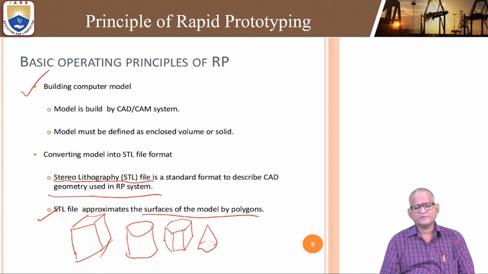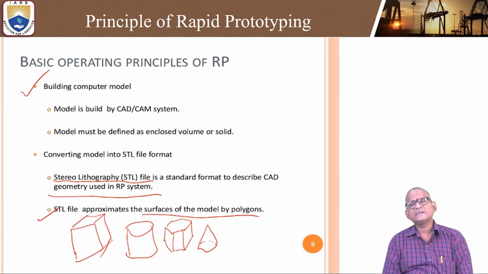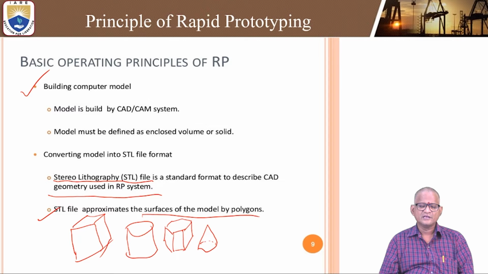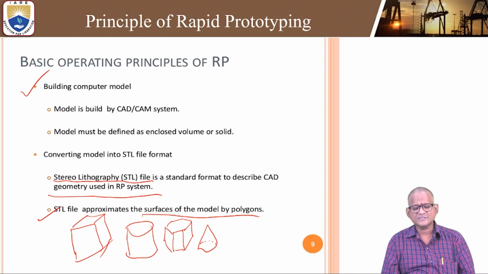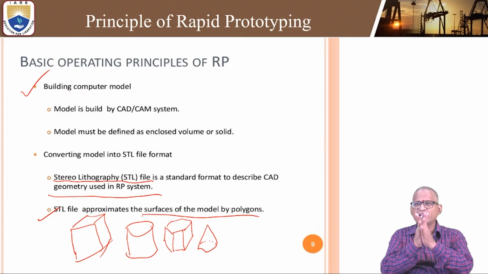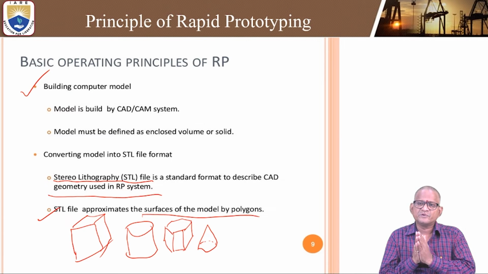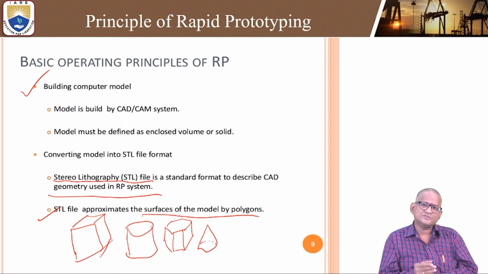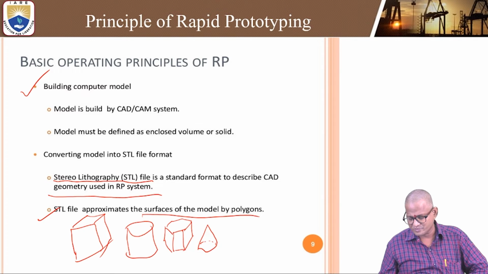So these are some of the polygons. These can be created in 3D modeling in our CAD system. Once you create it, that computer file format will be converted into an STL file format, that stereolithography file, which is a standard format to describe the CAD geometry in the RP system, the rapid prototyping system.